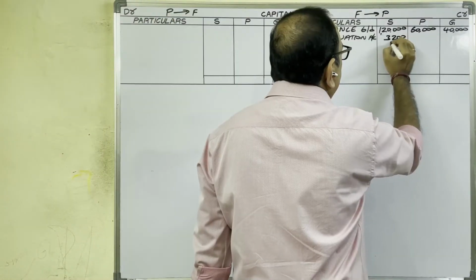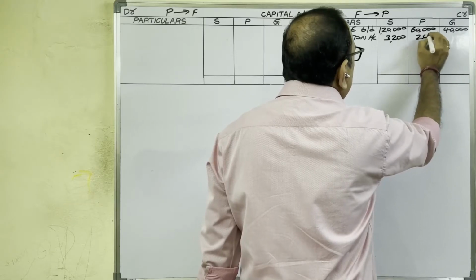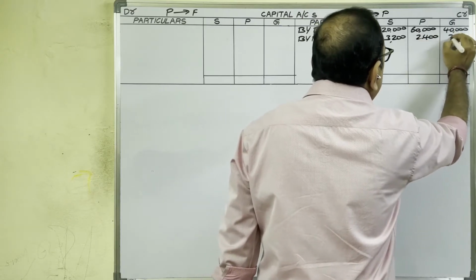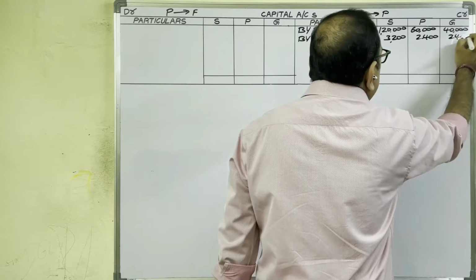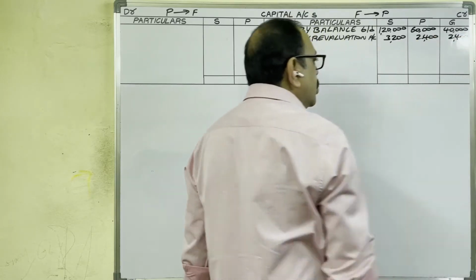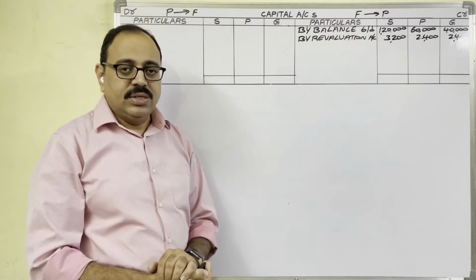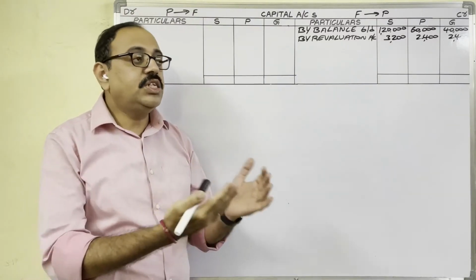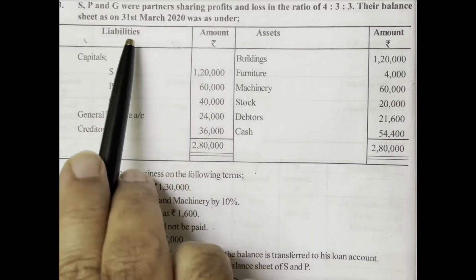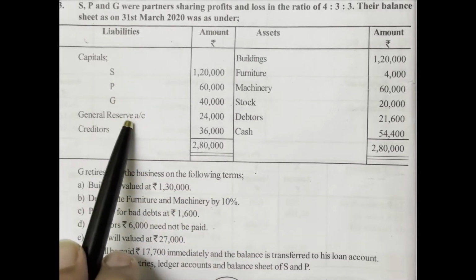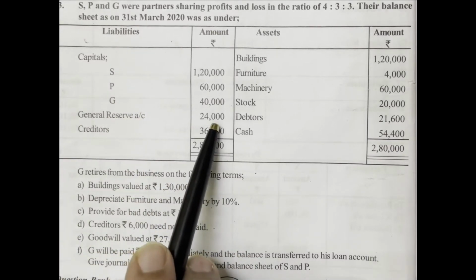In the revaluation account, we calculated 3,200, 2,400 and 2,400. Next, come to accumulated profit, general reserve, undistributed profit. In the old balance sheet, liability side, general reserve 24,000 rupees is given.